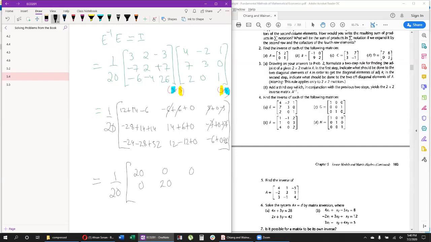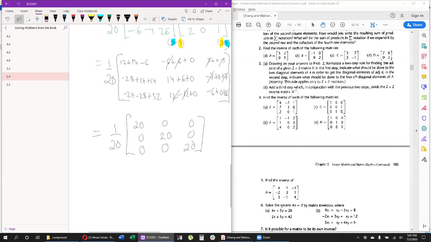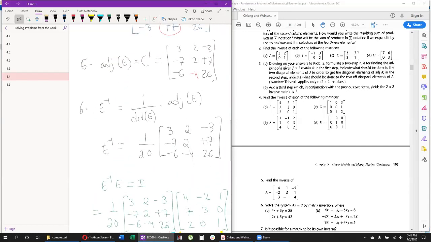Plus 7 minus 7, so 0. 28 plus 24, 52, minus 52, plus 52, so 0. 12, 12, 0, and minus 26 plus 26, 20. So that means that this E inverse that we calculated is correct.